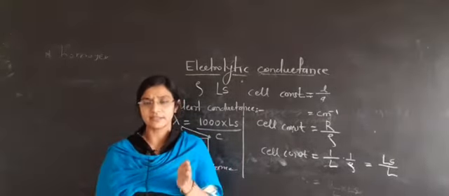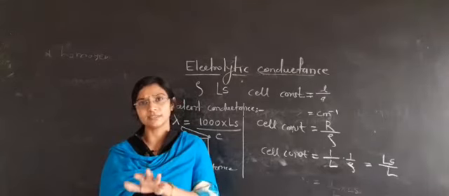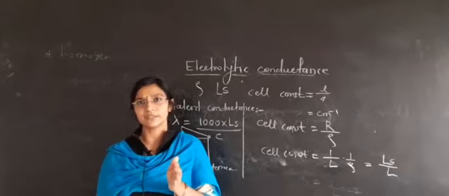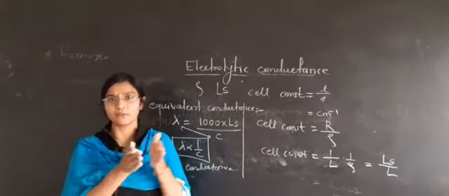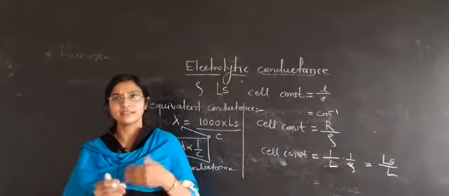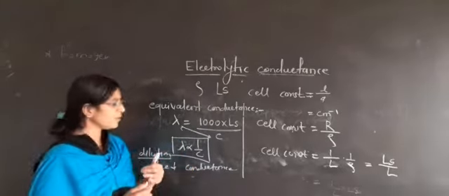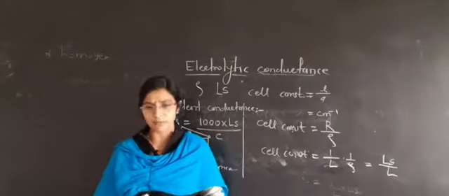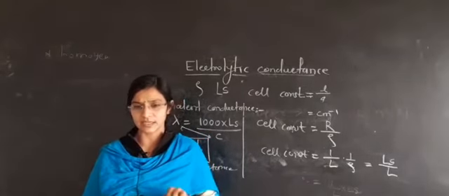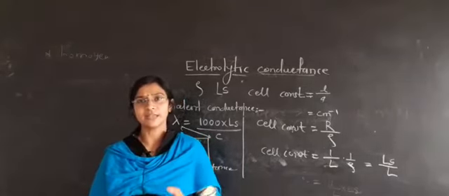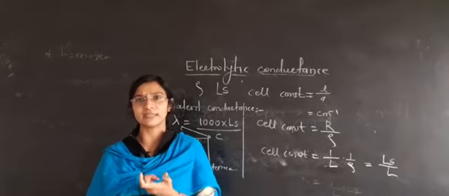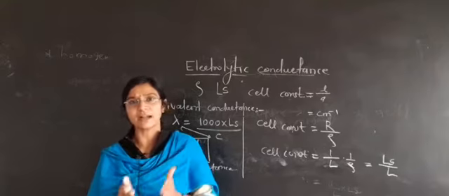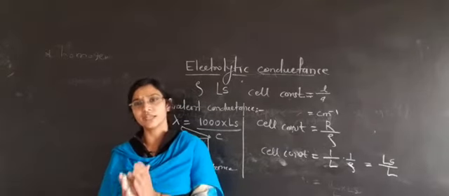In a concentrated solution, a large number of ions is present, and these ions have the capacity to carry the maximum current from one place to another. When we go toward the dilute solution, the number of ions per square centimeter area decreases, and at the same time the current carrying capacity of that solution also decreases.